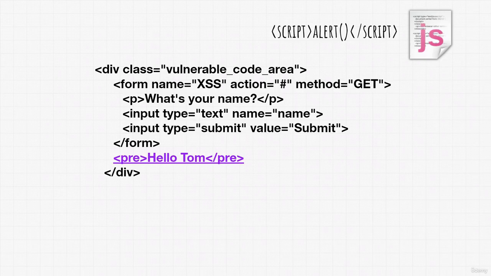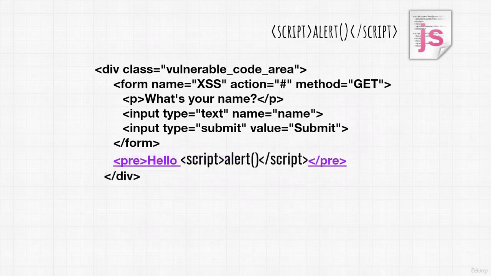Of course, when embedding JavaScript inside the HTML code, we must add the open script tag where our JavaScript code starts and the close script tag where it ends. This is how the browser will know that it's JavaScript, so it doesn't try to render it as HTML code. This code, being a simple code that asks for someone's name and then reflects it on the page, would look something like this once we inject our alert function.